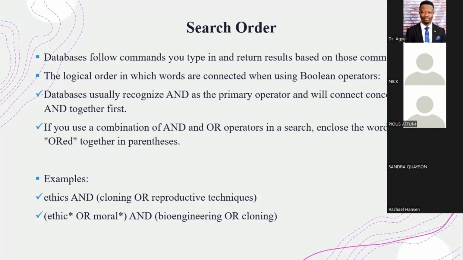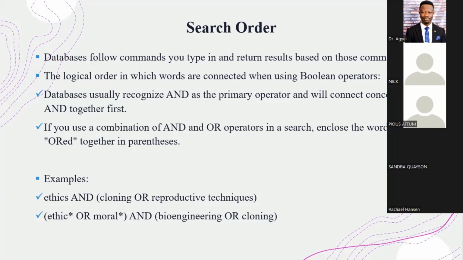It matters when you are doing the not search, because the not search would take the first term as the base. If you want data about maybe children, okay, but not Ghana, then make sure that children comes first before Ghana.